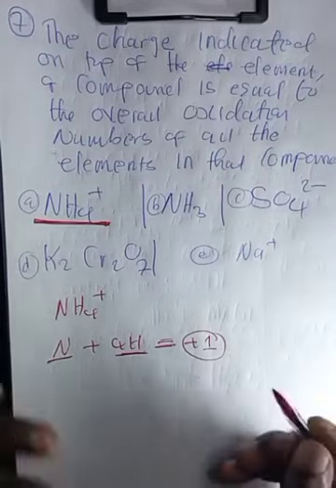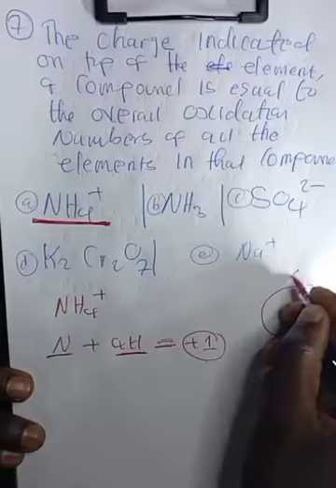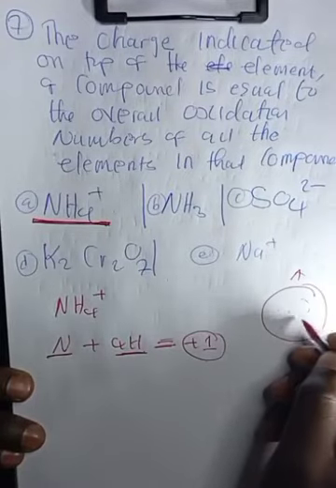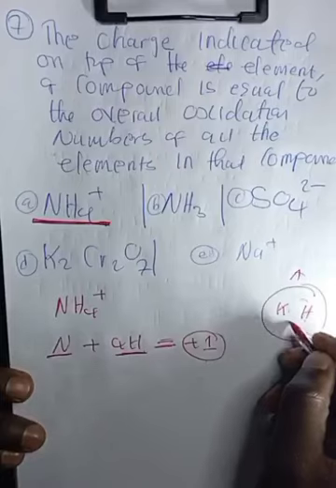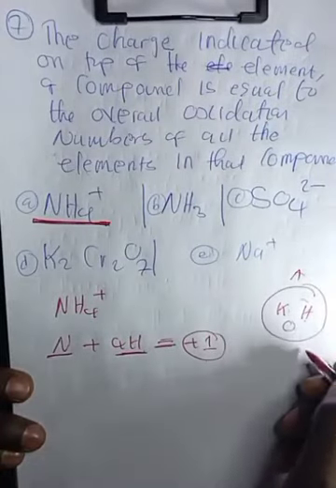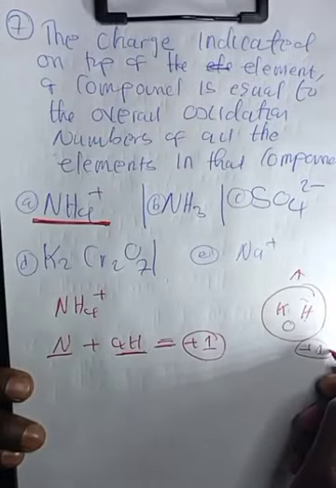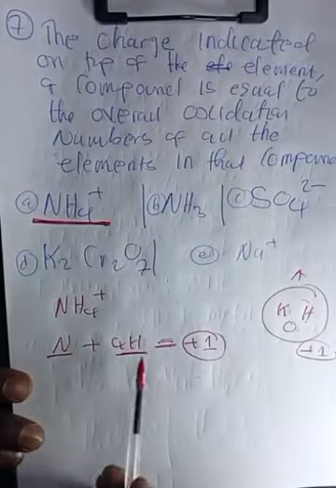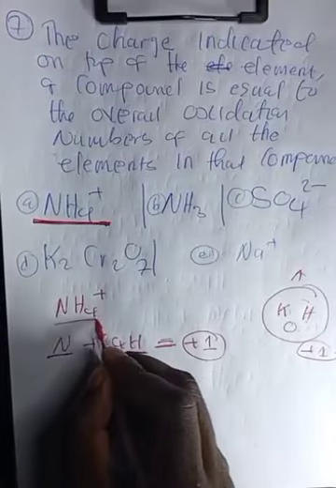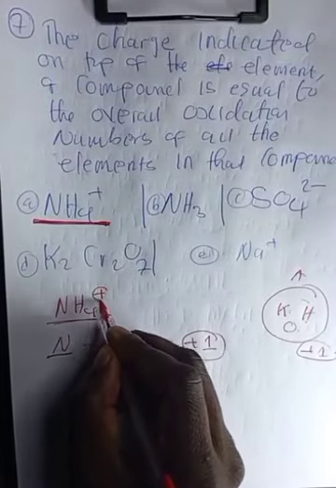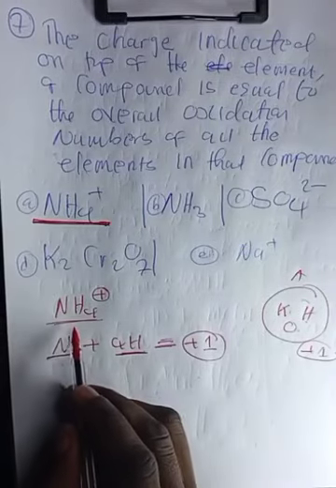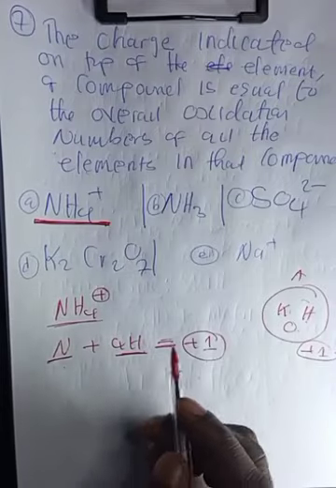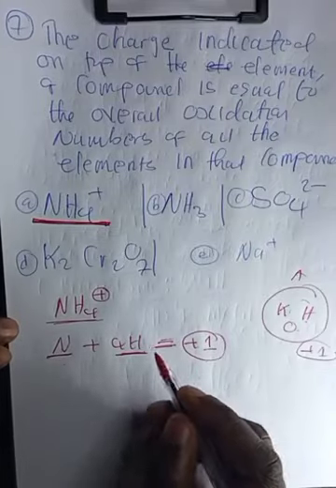For example, if you have set A here, we add all the elements that are here, maybe potassium, sodium, whatever element, oxygen, and if the sum total is +1, this is the overall oxidation number. So whenever we see an element like this one, the charge they indicate on top means they added the oxidation numbers of all the elements in that compound, and the overall charge is what they put on top.